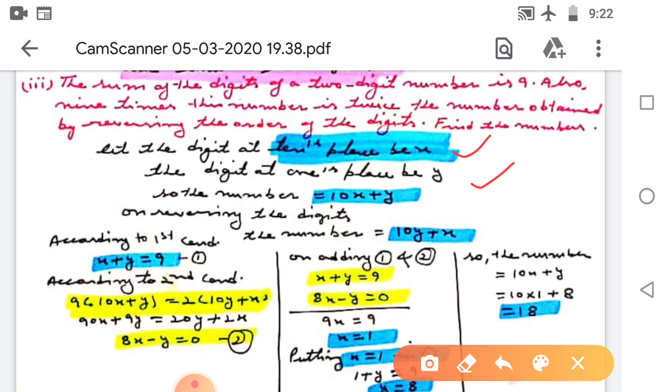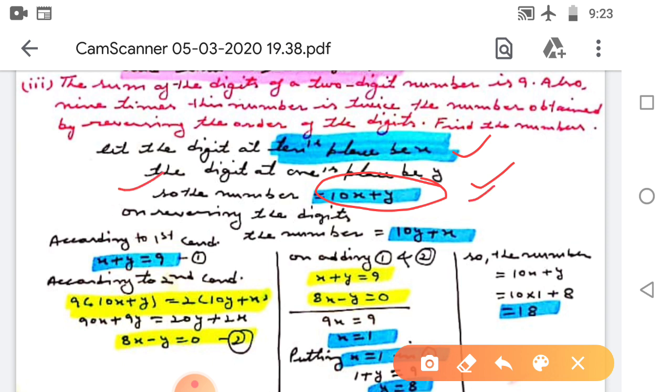So the number is 10x plus y. We multiply the tens digit by 10 and add the unit digit to get a two-digit number. So 10x plus y is your original number.